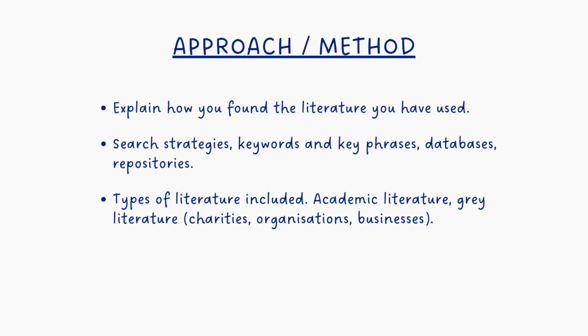You're writing about the types of literature you included, and maybe you went outside of the academic literature, maybe as well as books and journal articles and the peer-reviewed material. Maybe you looked at some reports from third sector organisations or charities. Maybe you looked at some other types of literature. Here is the place to talk about that and to explain why you did it.